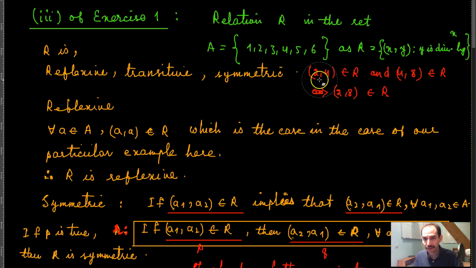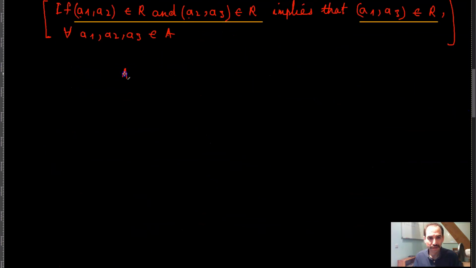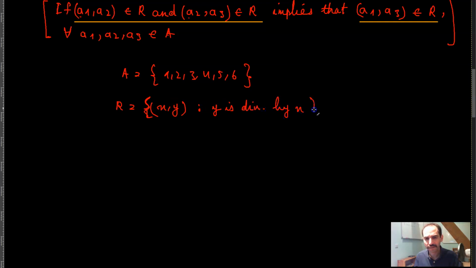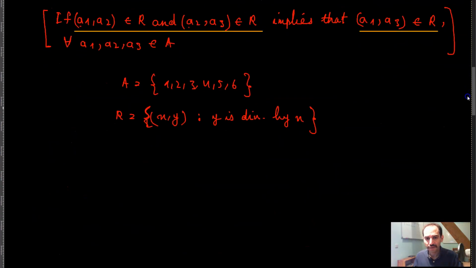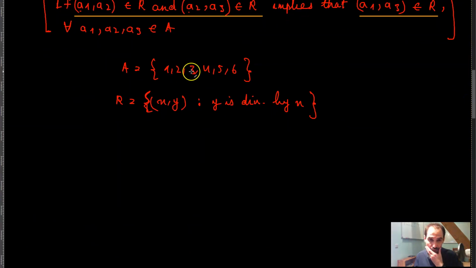I mean, let's go down to the bottom and examine this a little bit more closely. So you have 1 through 6 there. A is basically 1, 2, 3, 4, 5, and 6. And R is all the ordered pairs x comma y, such that y is divisible by x, right? Now, we had no problem with 2.